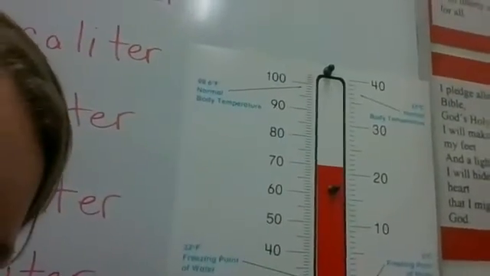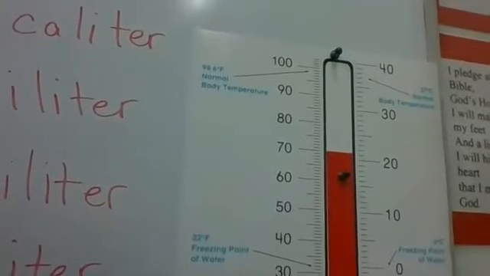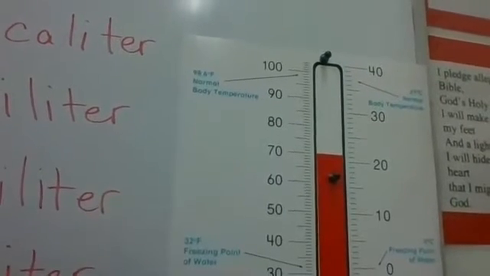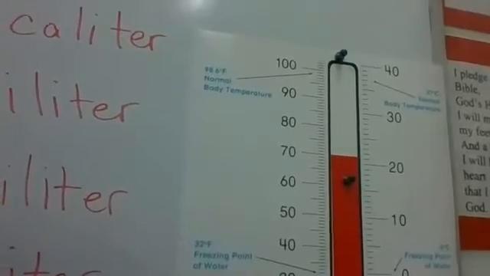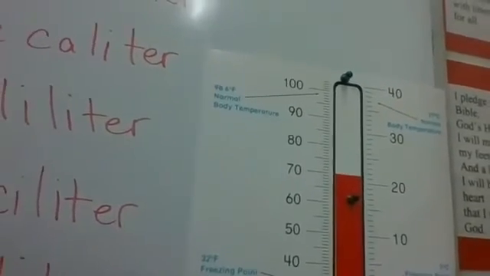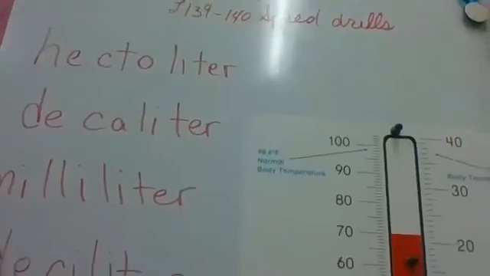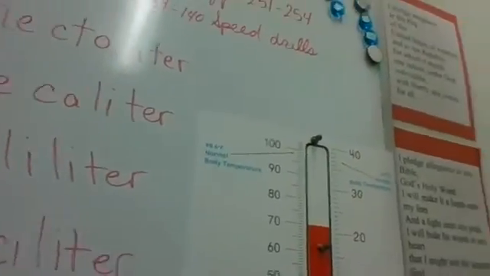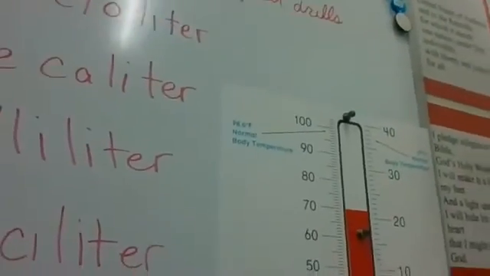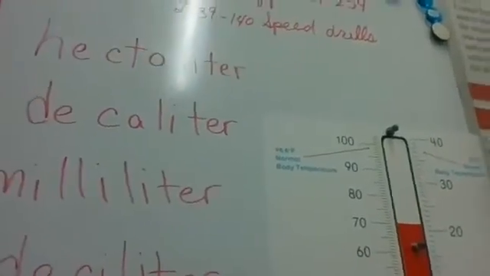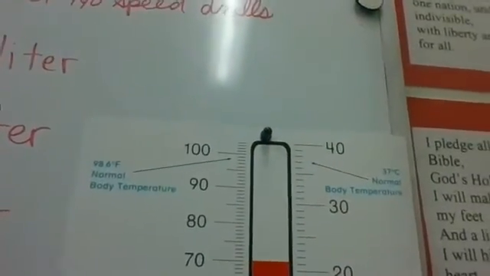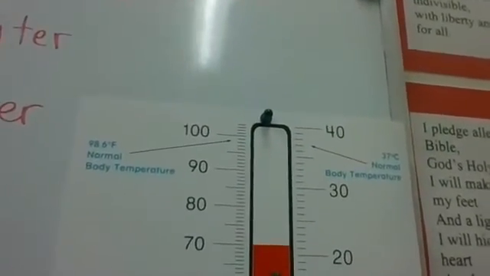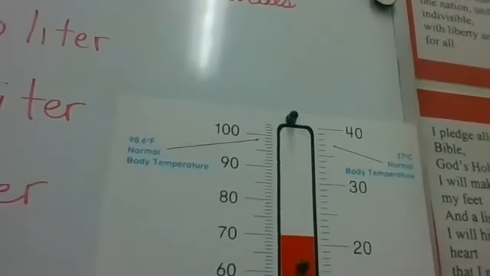At the very top, it says the normal body temperature in Fahrenheit is 98.6. All right, I'm having trouble with this camera, getting it to see both sides. So normal body temperature for Celsius is 37 degrees, okay?